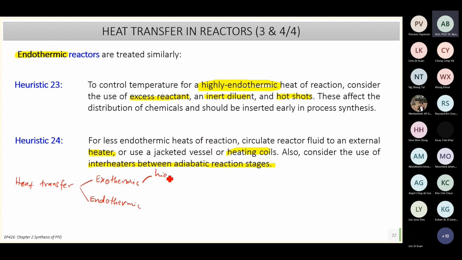Exothermic, highly exothermic, and low or less exothermic. Same goes with endo, you have high and you have less or low.